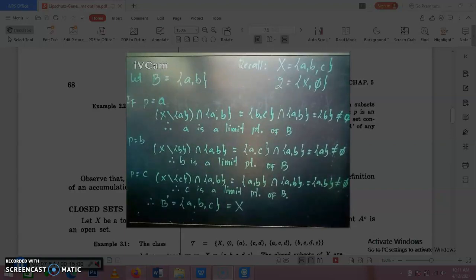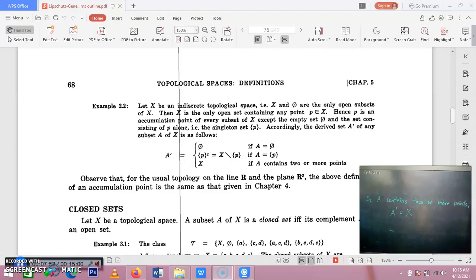The intersection is not empty, so C is a limit point of the set B. We have tested all the elements of X, and we found that all the elements of X are limit points of the set B. Therefore, the derived set of B is equal to X.